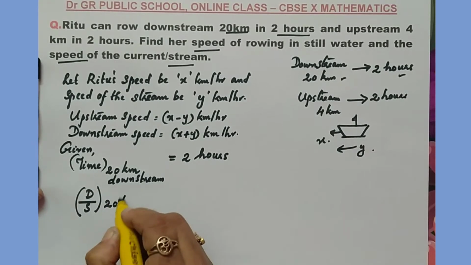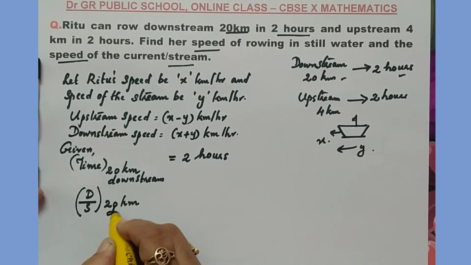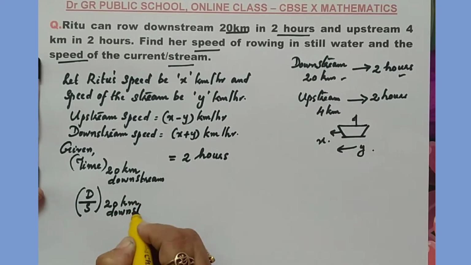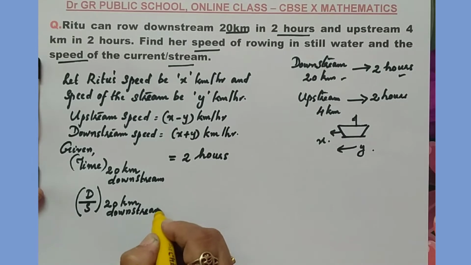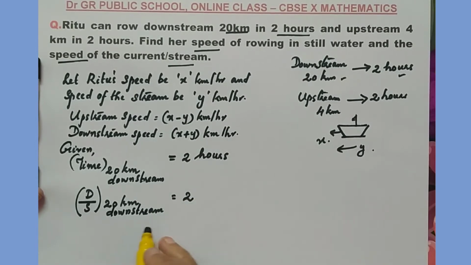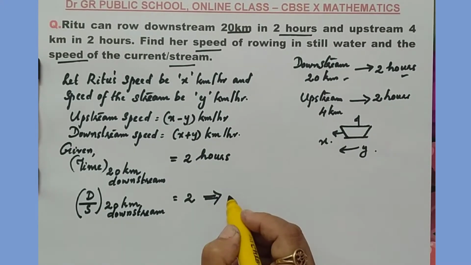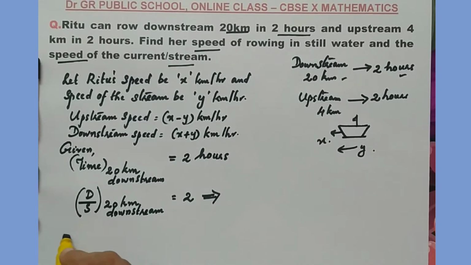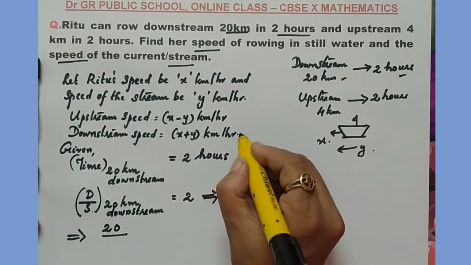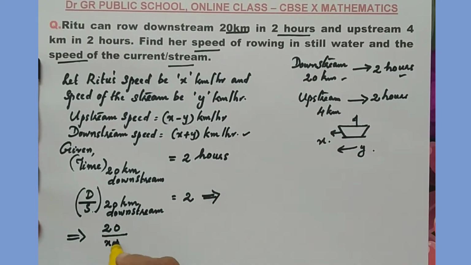Time for 20 kilometers downstream is given to us as 2 hours. Substituting the values, distance is 20 by downstream speed. What is the downstream speed? x plus y, equal to 2.